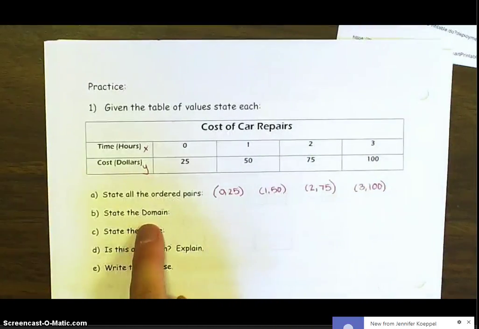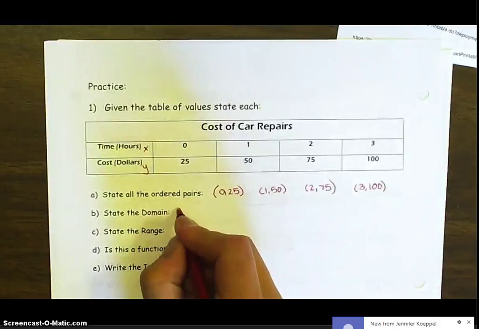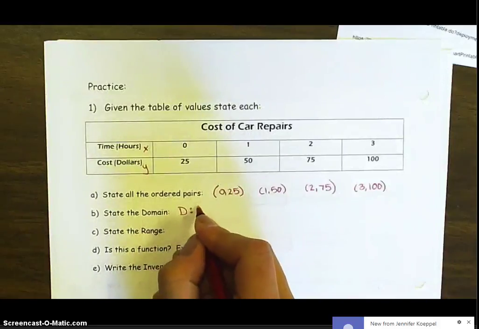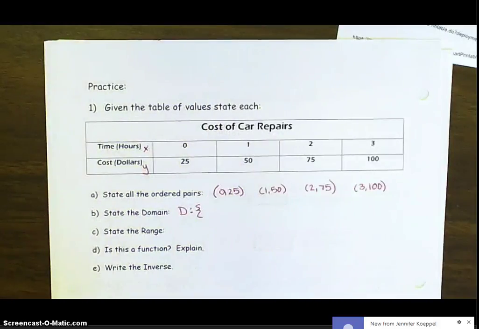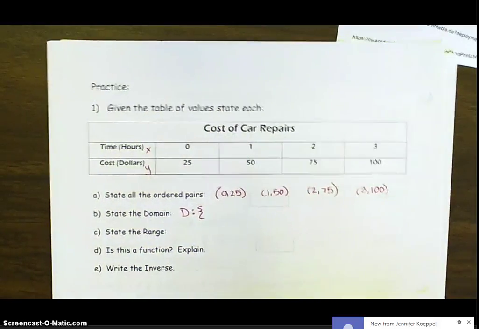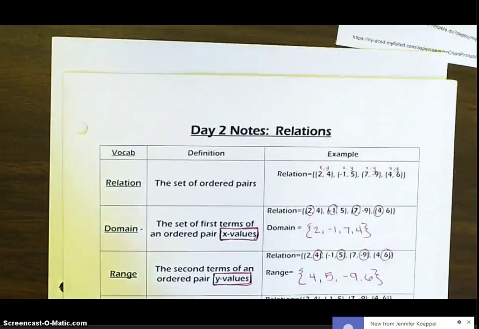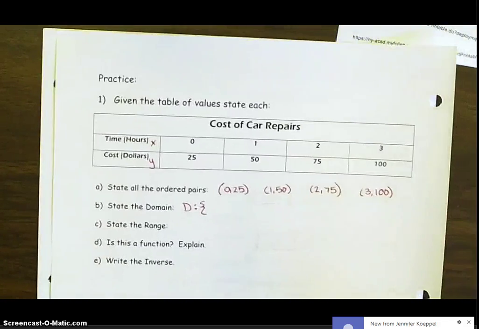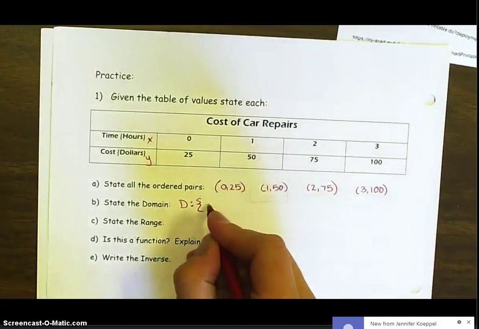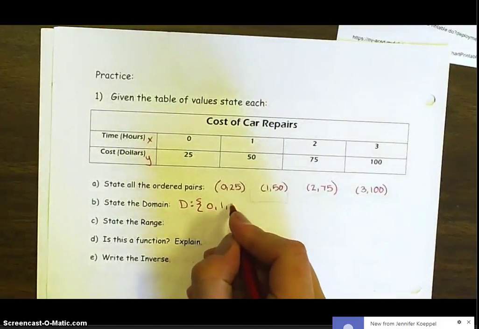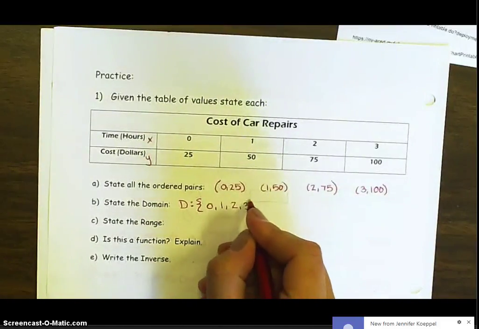Okay, now we want to state the domain. I like to put my D in front so that way I remember that it's my domain. So your domain is a set of numbers. And remember, the domain is going to be your x values. Okay, so let's go ahead and find all of our x values. So that's going to be 0, 1, 2, and 3.